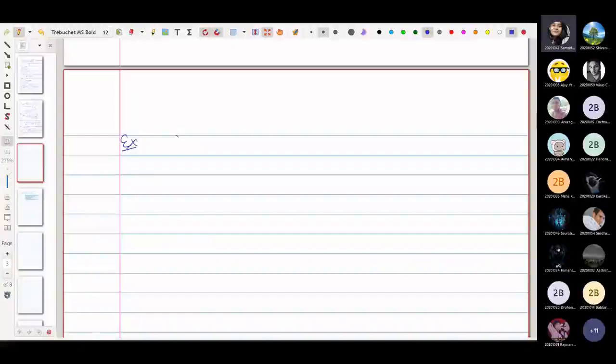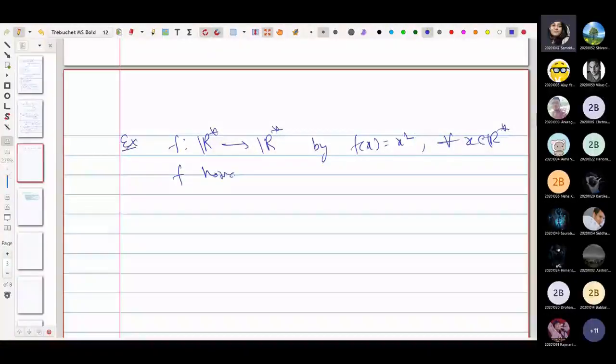So f from R star, which is a group under multiplication, to itself, defined by f(x) equals x square for all x belonging to the set of non-zero real numbers. Then what can we say about f, whether f is a homomorphism? That is the question.